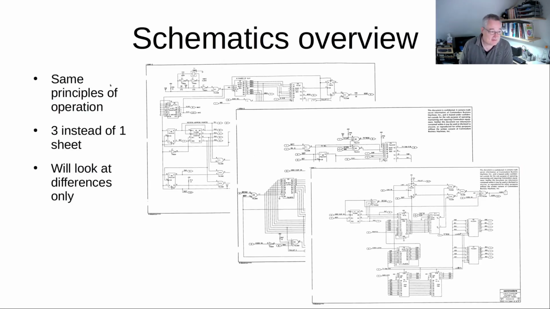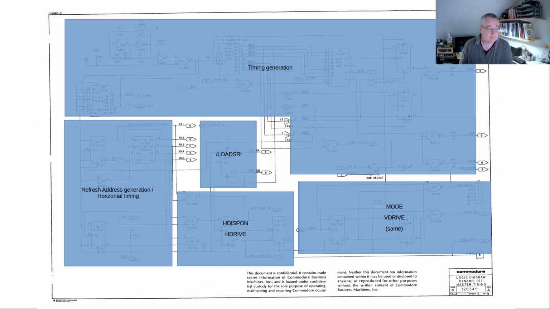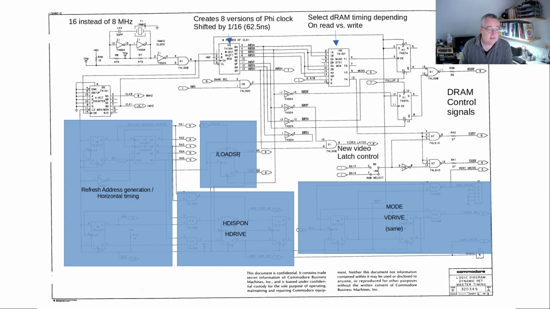In the schematics, the same principles of operation apply. It's spread out on 2 sheets, so we'll look at the differences only. The general timing. This one is somewhat different, actually quite a bit different.